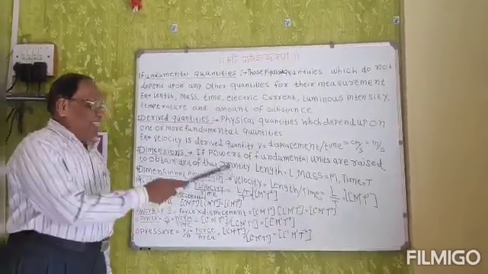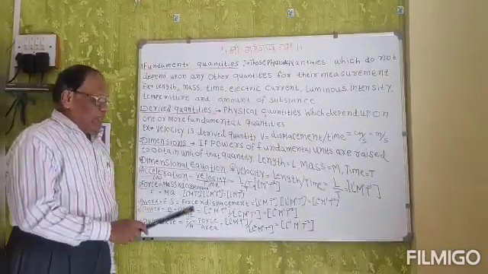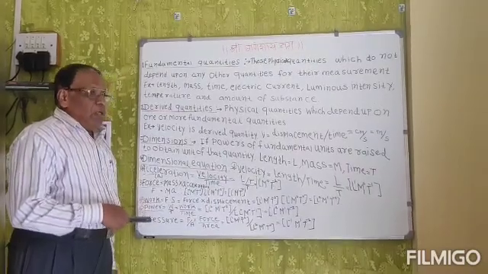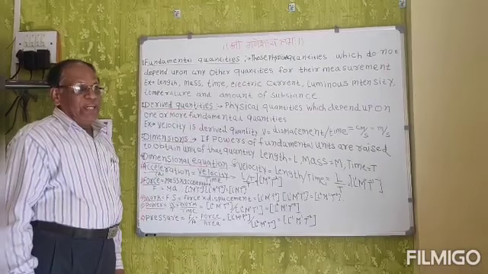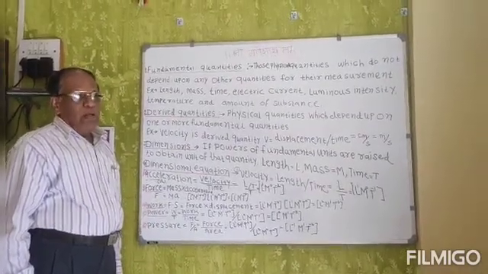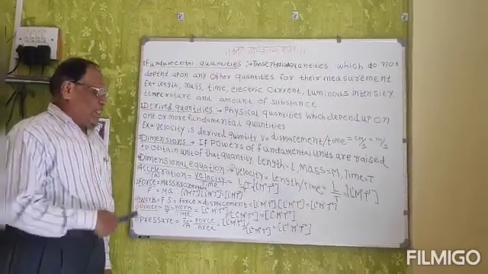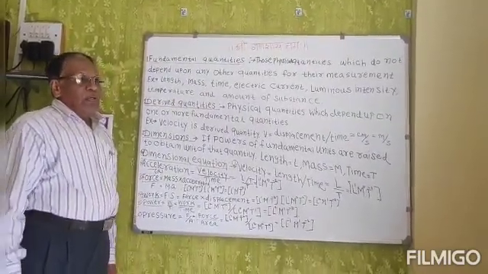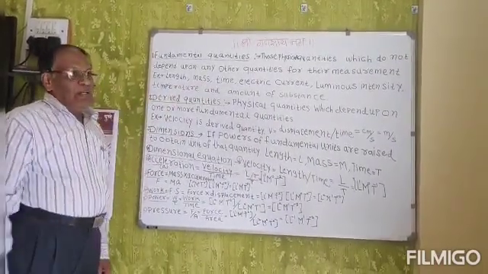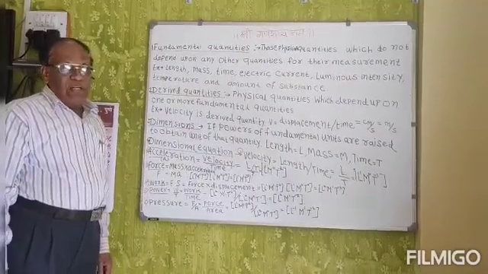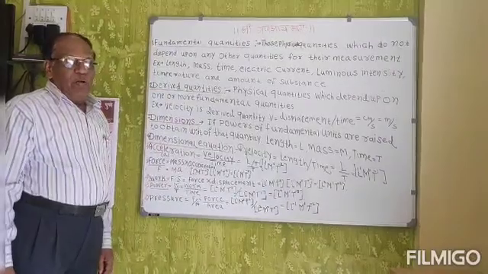Dimensional equations can be written for other quantities, for example density, viscosity and all other physical quantities. In this way, we have studied the first lesson, that is, Unit and Measurement.